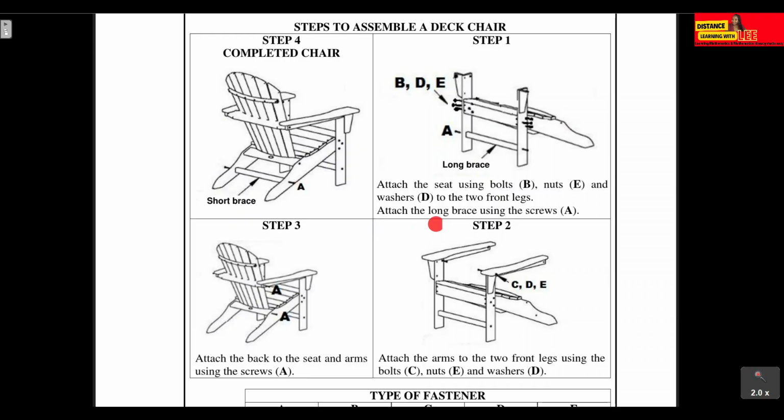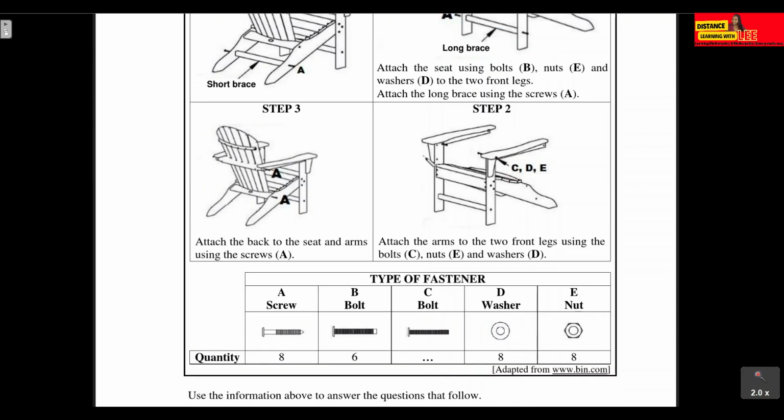Then attach the long brace using the screws. We can see here this is the long brace, and they're saying that you need to attach this long brace using the screws. So we see that these two fasteners here are screws. That basically shows you what's happening.